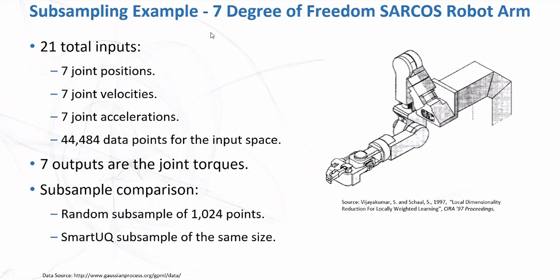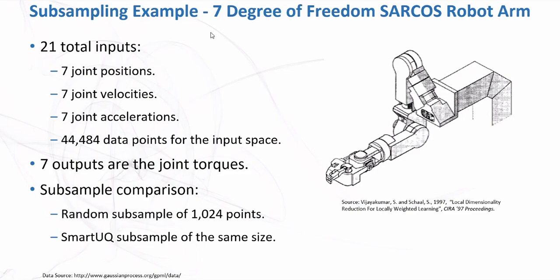So I have an example data set here I want to use to illustrate SmartUQ subsampling. In this case, we have a robot arm. The robot arm has 7 joints. Each of those joints has a parameter associated with it that gives its position, its velocity, and its acceleration. So in total, the behavior of the robot arm is characterized by 21 total input values.